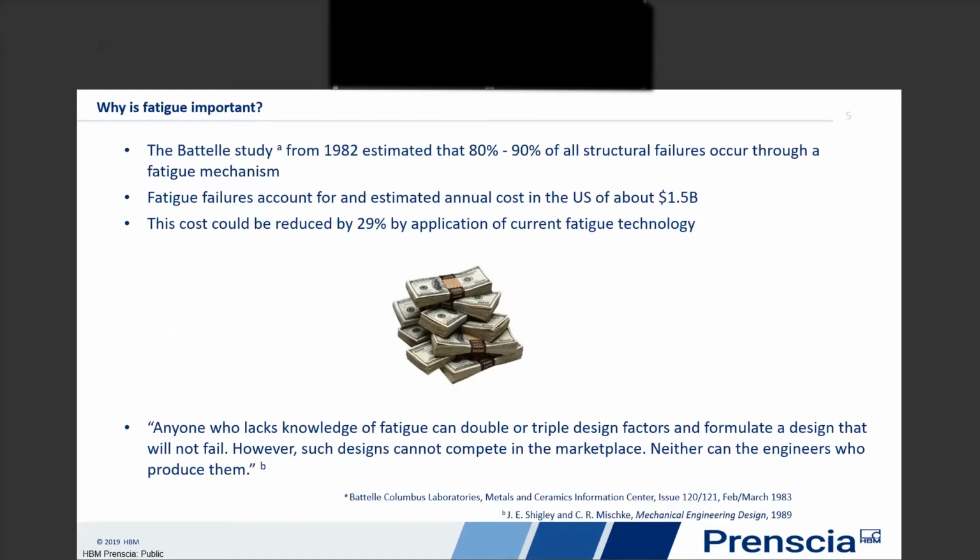So the question comes up is, why is fatigue important? If one looks at most parts today, they tend to be well designed for things such as static failure, highest loads that we plan to see, meaning that most of them will fail either through fatigue or wear out.